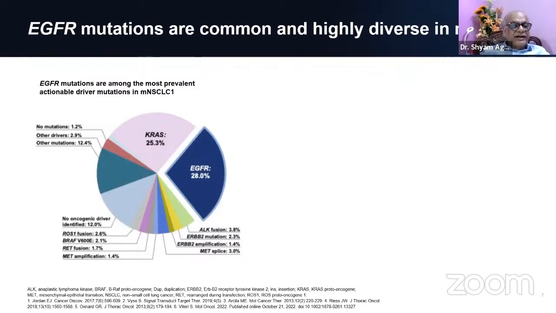Those are also targetable. We do have some drugs, but they are not available. The other common abnormalities relate to ALK, HER2, MET. I think you all know all these. These are in smaller numbers, so we're going to focus on EGFR. Next slide.